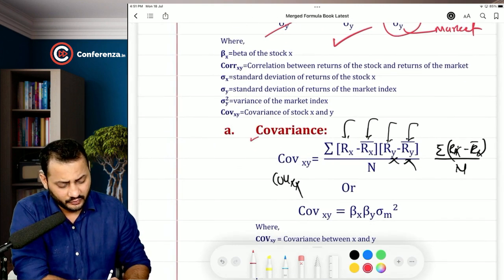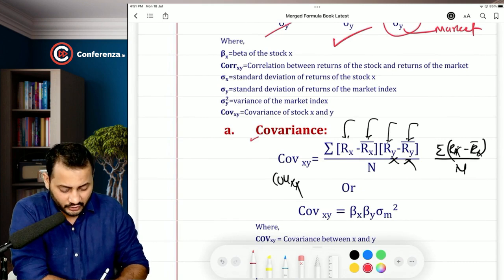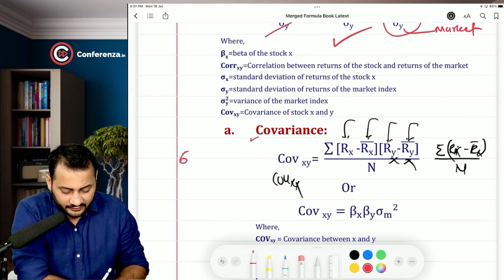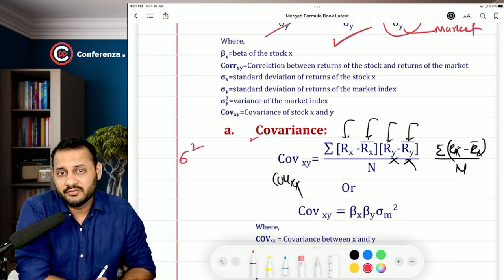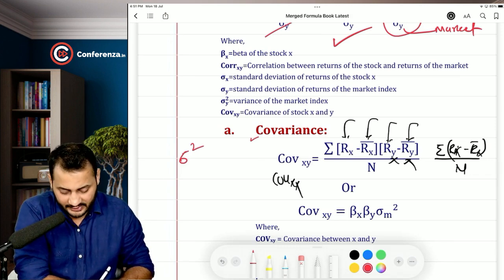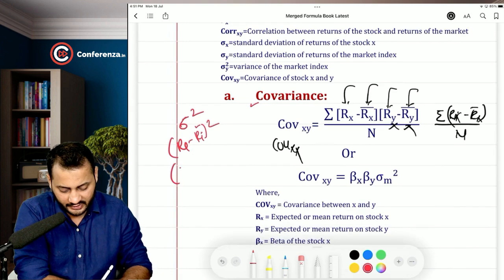Let's discuss the covariance. I told you the meaning of covariance. Variance is nothing but standard deviation of a particular stock's square. But when you have to calculate a covariance between two different securities, we can write it as Ri minus bar Ri, and then again Ri minus bar Ri.